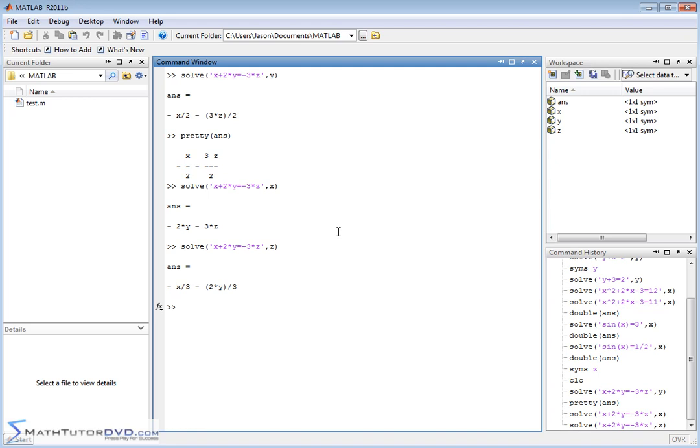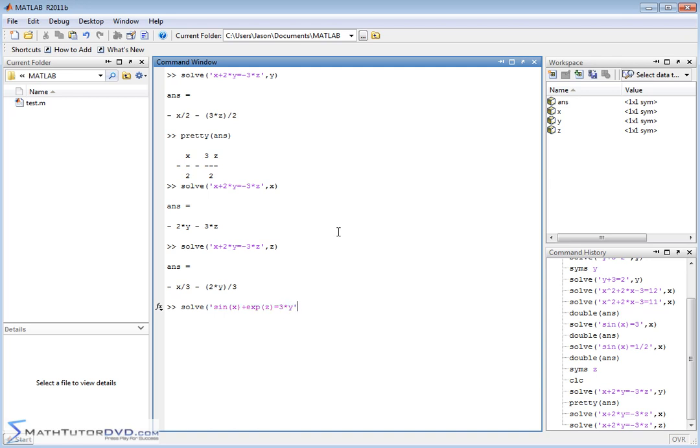So as one final example, let's say we're going to have solve of sine of x plus e to the power of z. That's what that is. And let's do plus 3 times y. Let's make it equal 3 times y.